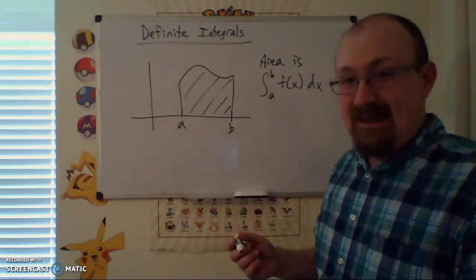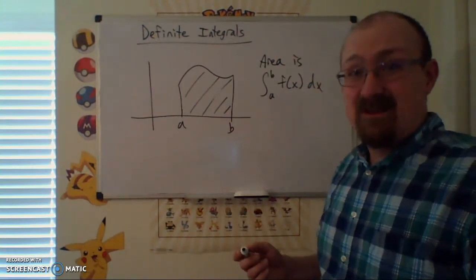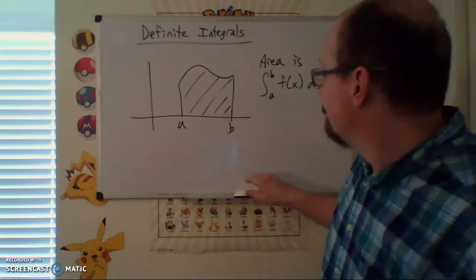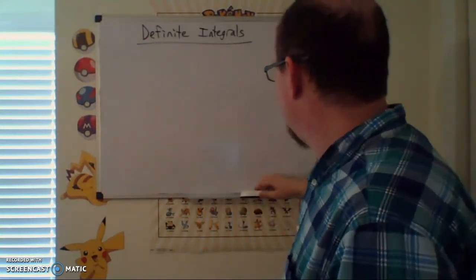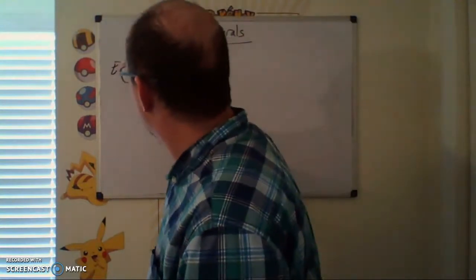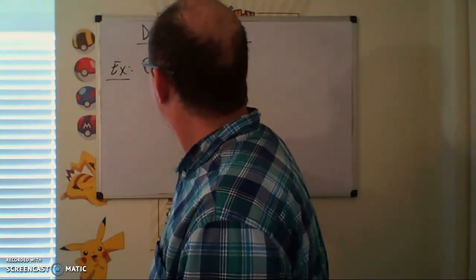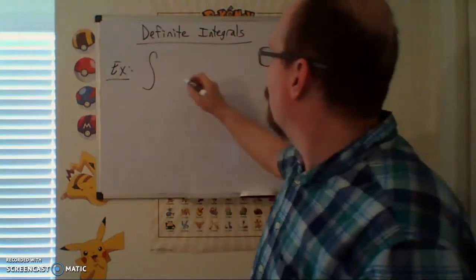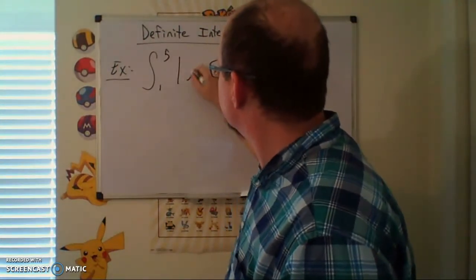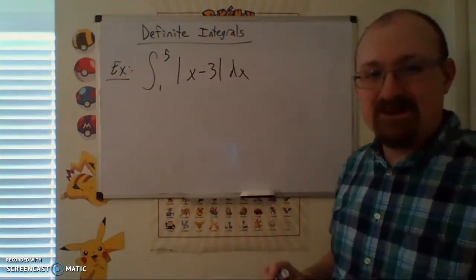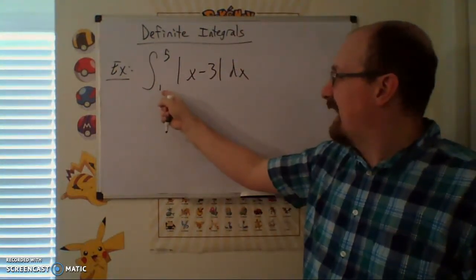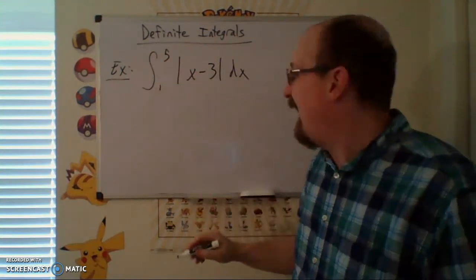So that's the idea. I wanted to take a look at this in the context of a couple of examples. Let's take a look at the first one. We want to look at the definite integral of the absolute value of x minus 3, and we're interested in this as x ranges from 1 to 5.